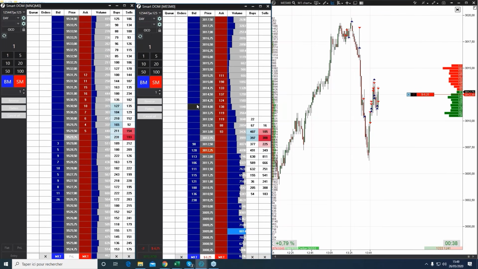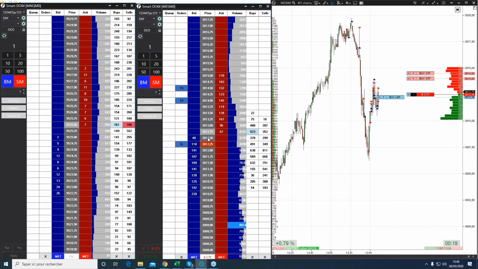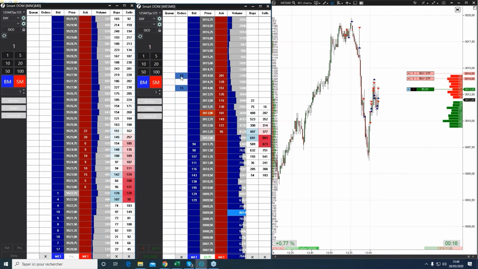Back at 13. Same stop as before. Are the sellers still here? As you can see on the order book, you can see which party is getting more strength. Is it the buyers that are getting stronger, or is it the sellers?